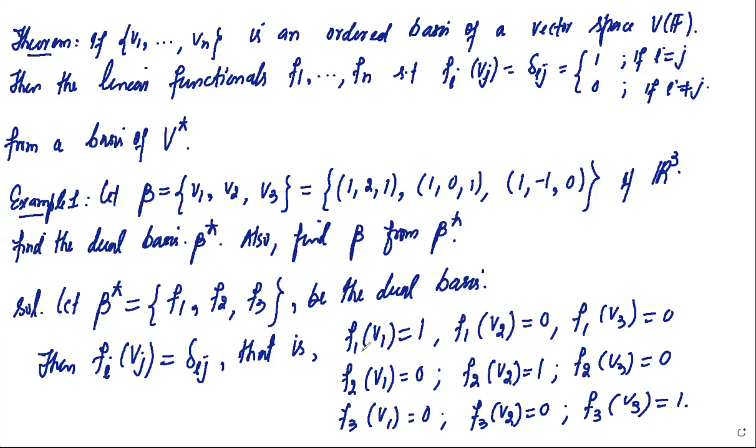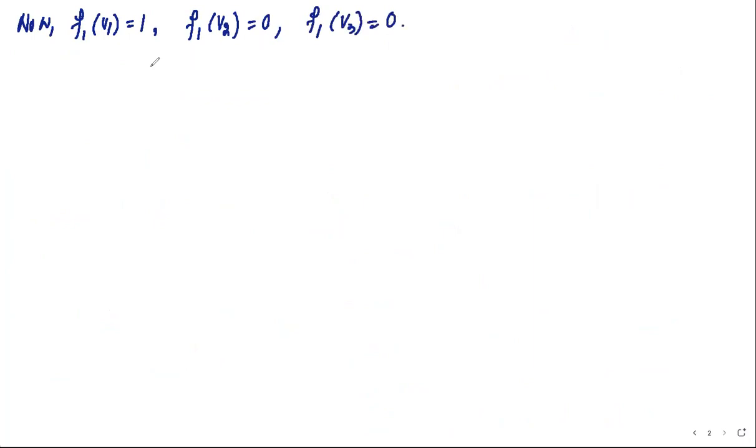Now from these equations, we can exactly find out what is this f1, what is this f2, and what is this f3. So now let us do them one by one. f1 of v1 is equal to 1, f1 of v2 is equal to 0, and f1 of v3 is again equal to 0. Now this f1 is a linear functional on R3.